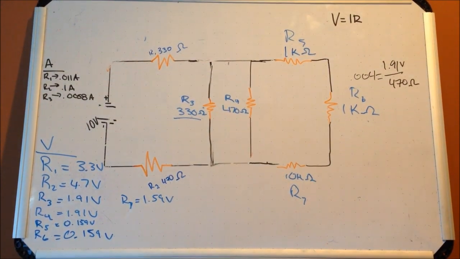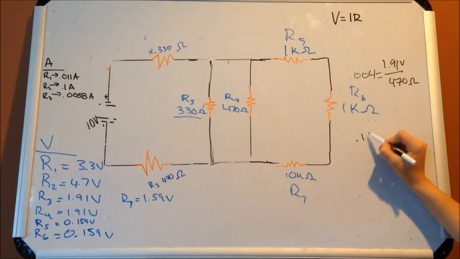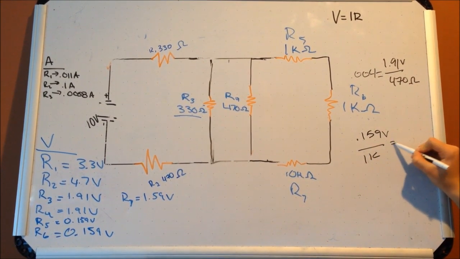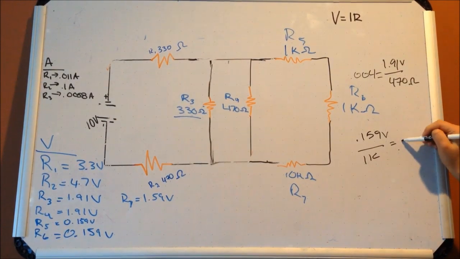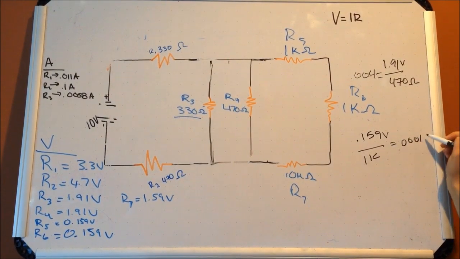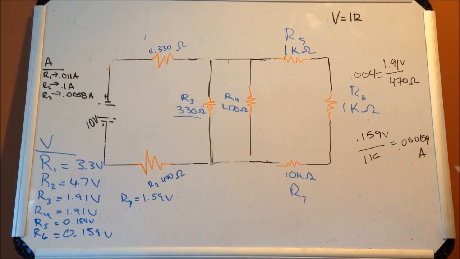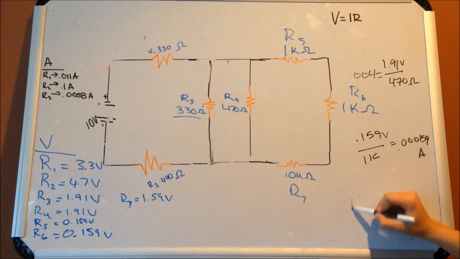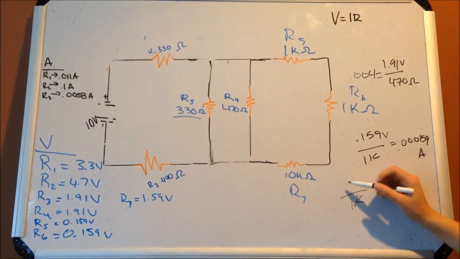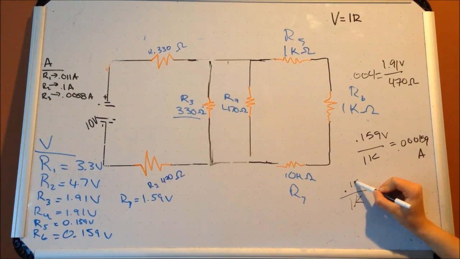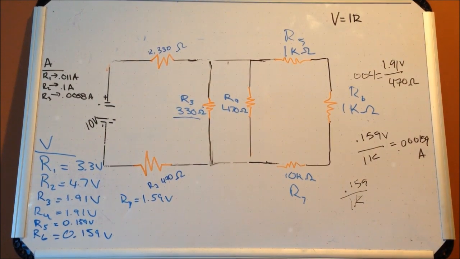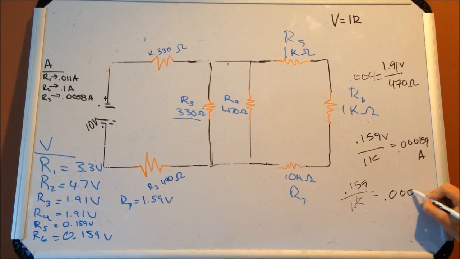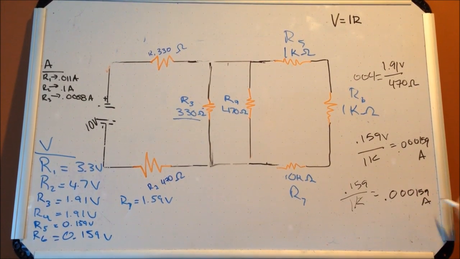Now for 5, we put 0.159 volts divided by 1K, which equals 0.00159 amperes. For 6, we simply put 0.159 volts divided by 1K, which is the same as R5, 0.00159 amperes.